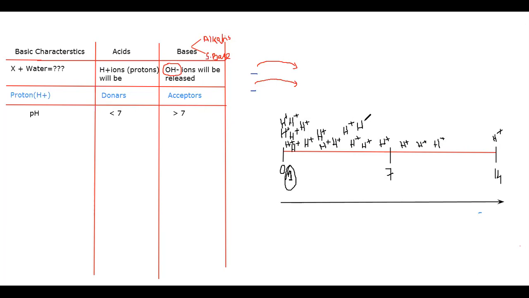If the reading of the pH is higher, it means the quantity of hydrogen ion is going to decrease. Okay, now you are getting the point. When we are moving from left to right, the quantity of hydrogen ion is going to decrease.